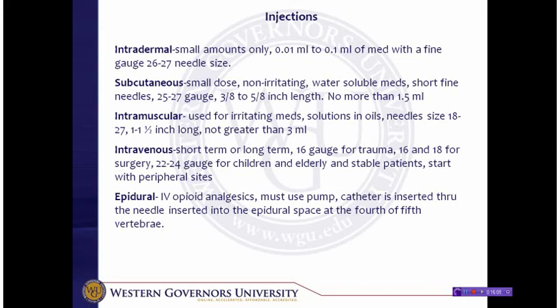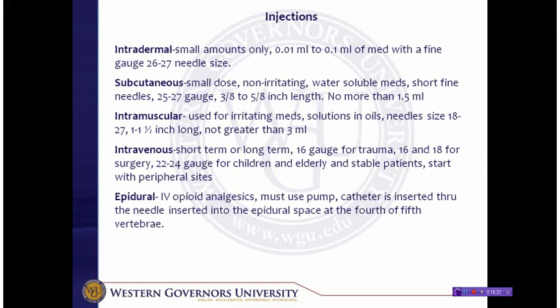Those are for subcutaneous injection. The most common type of intramuscular injection we give is for vaccines. I'm sure you guys have all been very lucky recipients of your tetanus shot in the last few years. That's an intramuscular injection. They're typically given in the deltoid of the arm or in the hip. We use it for more irritating medications or medications that are solutions in oils.